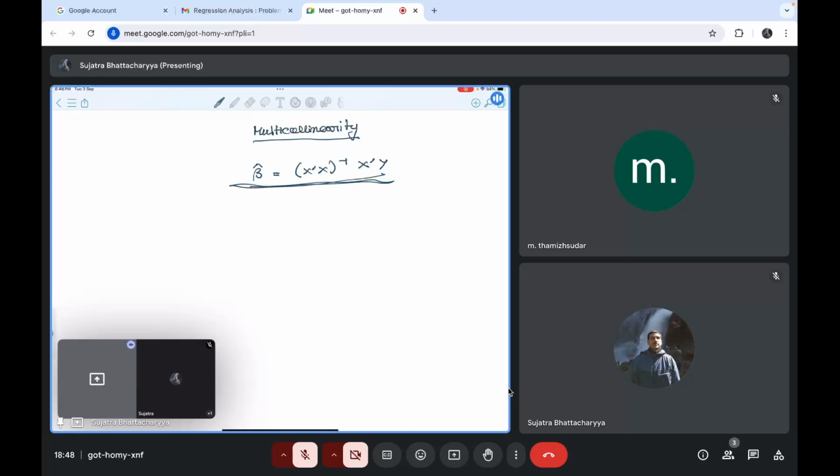So let us first define what multicollinearity is. It's easy to understand.